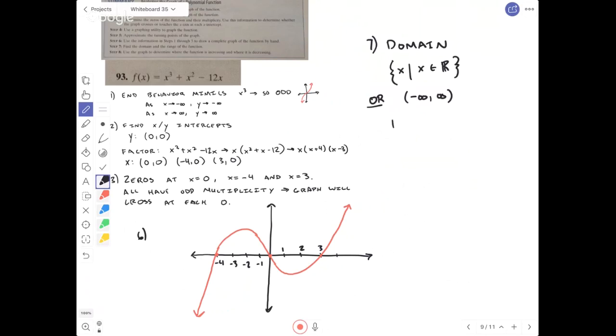And then the range is the set of values y such that y is an element of the real numbers. So -infinity to infinity. Of course, either one of those ways of writing it is perfectly fine.